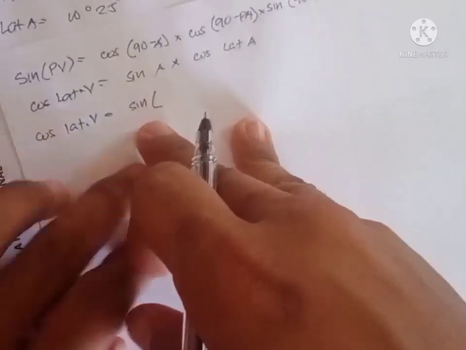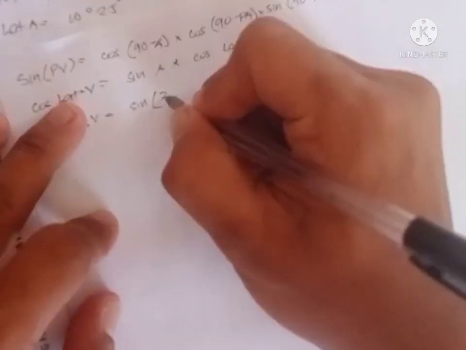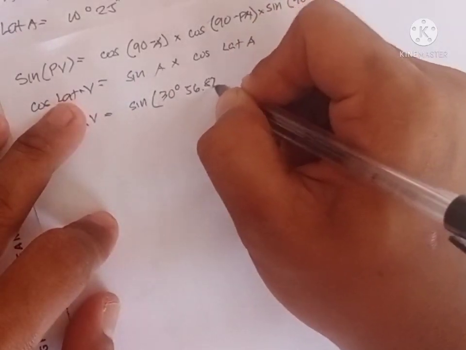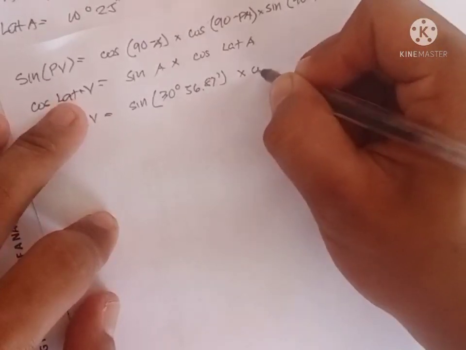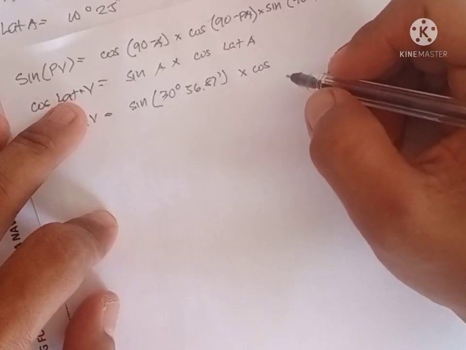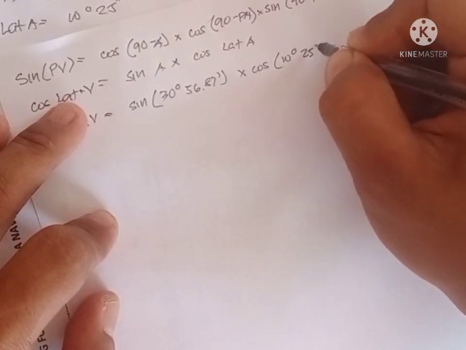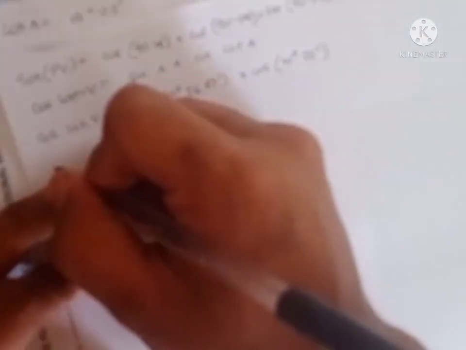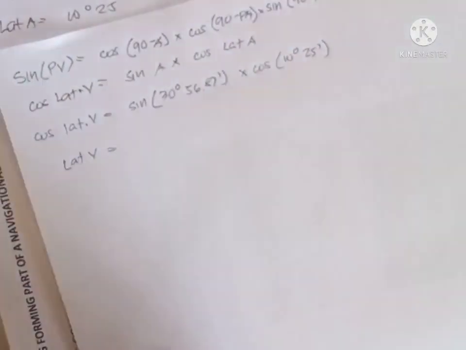What is RA? RA is 30 degrees 56.87 minutes, multiplied by cos 10 degrees 25 minutes. So cot V is, get our calculator.